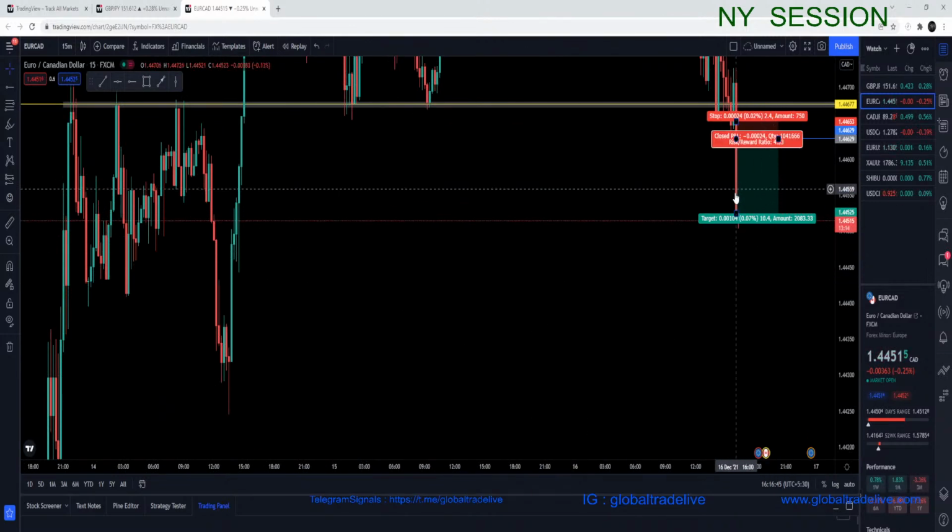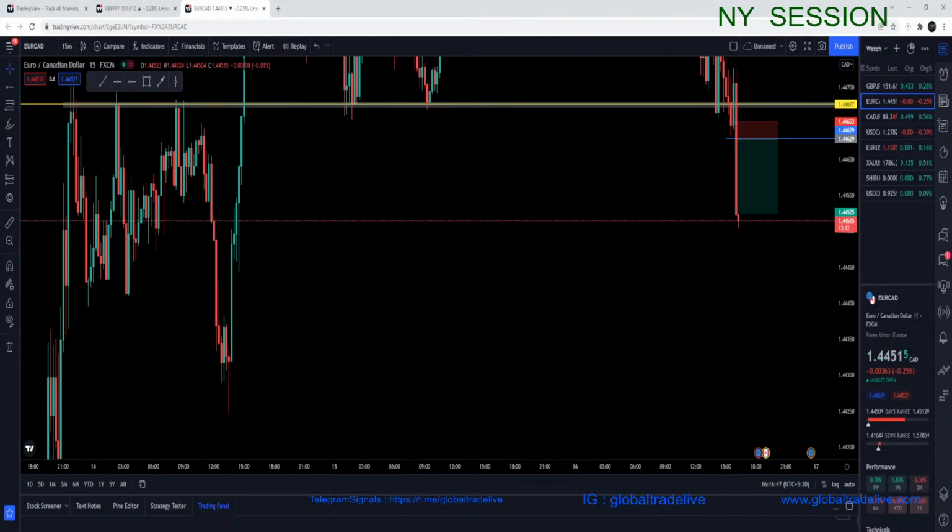Because the thing is, if it retraces back, then I'll have something with me. At least I'm not losing everything from here.